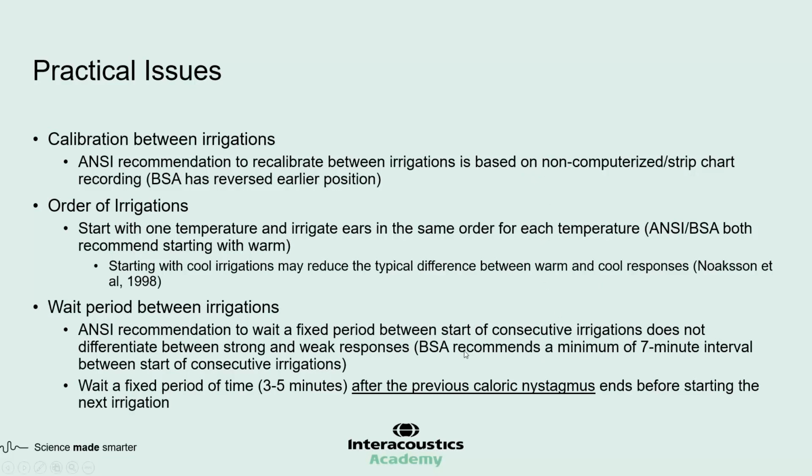The British Society of Audiology recommends a minimum of 7-minute interval between the start of consecutive irrigations. 7 minutes and longer is usually enough for even a patient who has a strong response, so that recommendation will work. But in order to save some time, what you can do is wait for the previous caloric nystagmus to subside, and then from that point on, just wait a fixed amount of time, like 3 to 5 minutes. That will ensure that the effect of the previous irrigation has subsided.